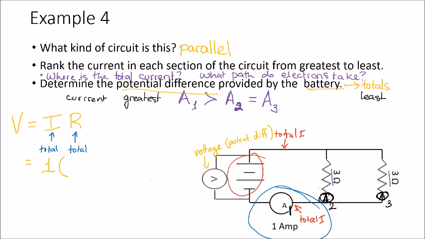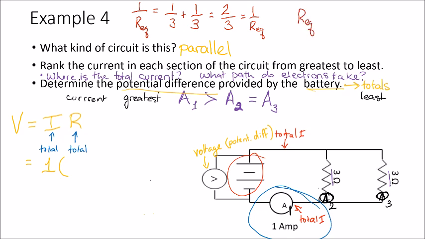We need to calculate the total resistance at this point. So the total resistance, or the equivalent resistance, is 1 over 3 plus 1 over 3. This one's kind of easy to do in your head, so it will be fine to do it in your head. And our answer, 1/3 plus 1/3 equals 2/3. But remember, 2/3 is not our final answer. We need to take the inverse because this is 1 divided by the equivalent resistance.